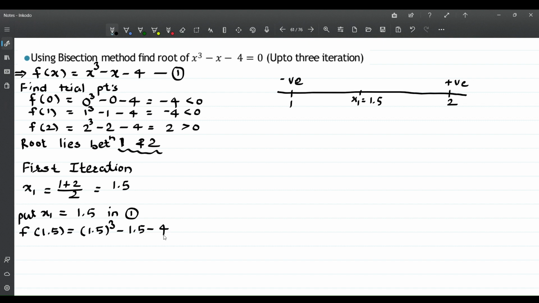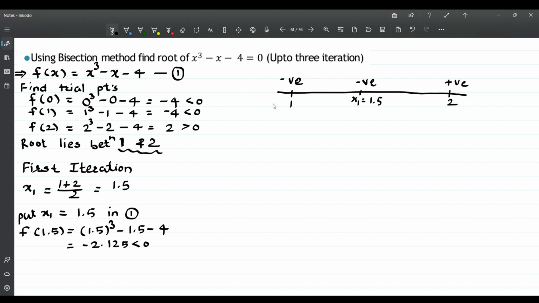On your calci, you can solve it directly. The answer of this one is minus 2.125, which is negative, that is less than 0. So we have to take the sign negative here.